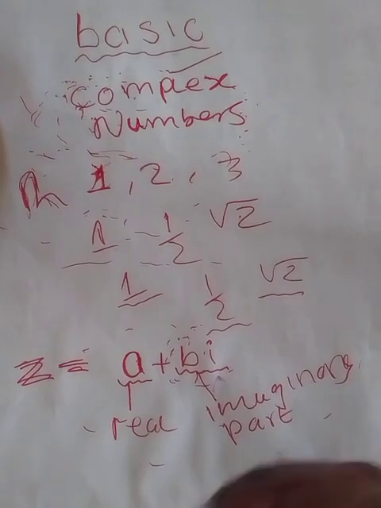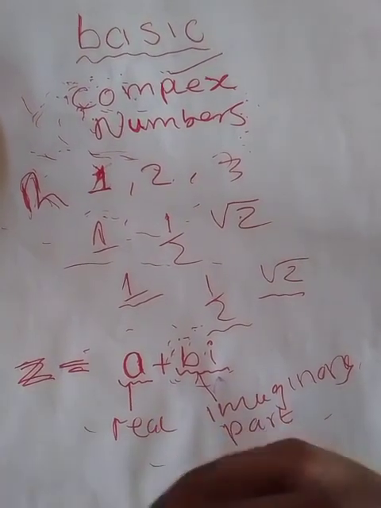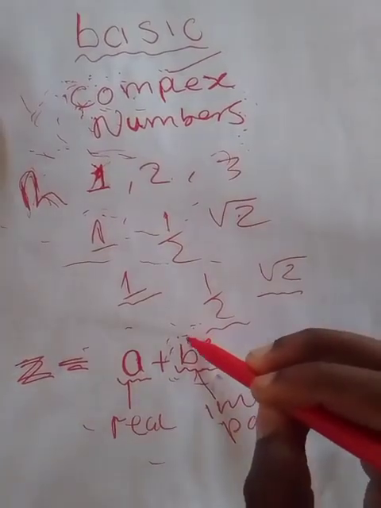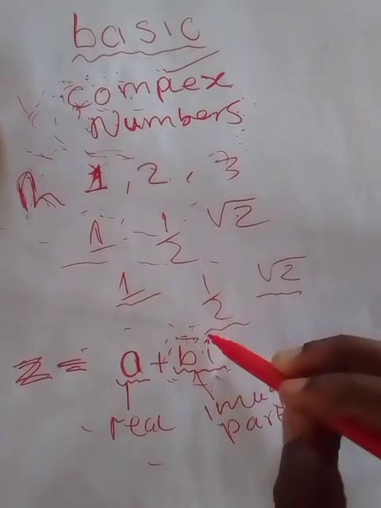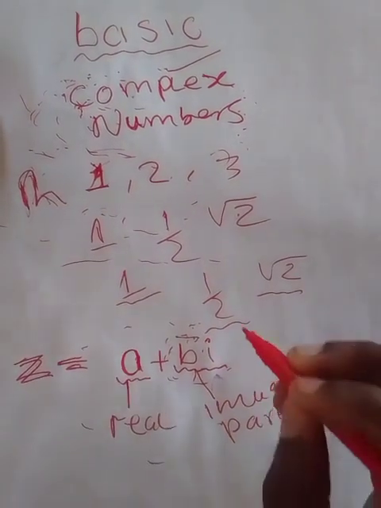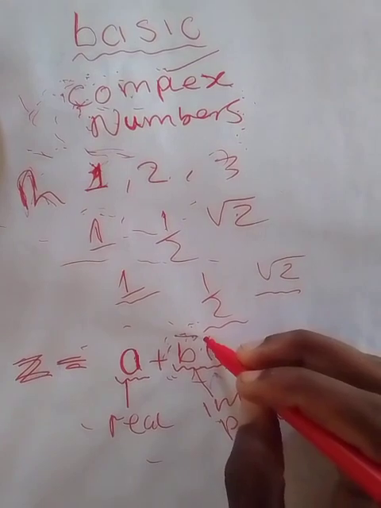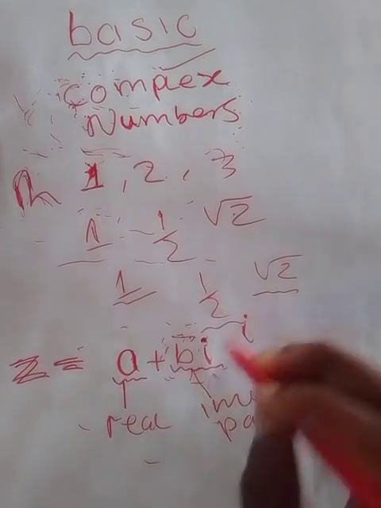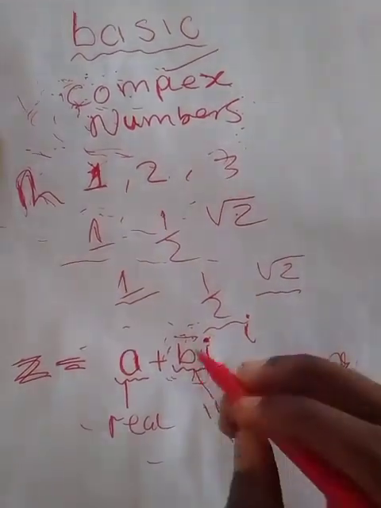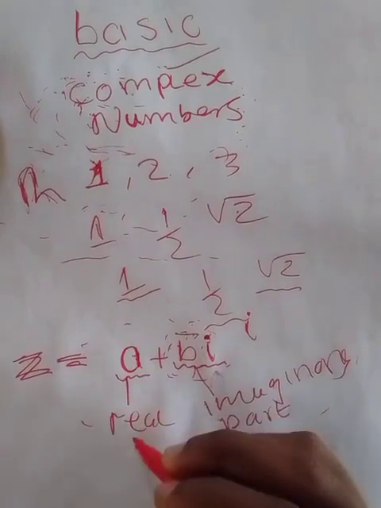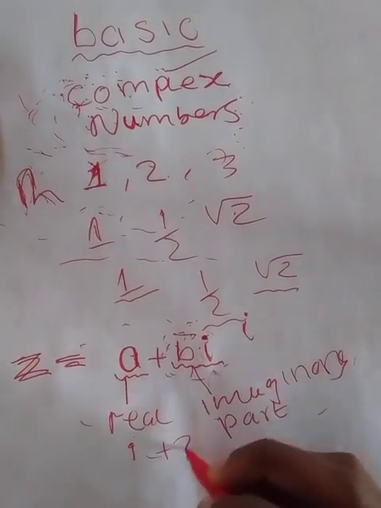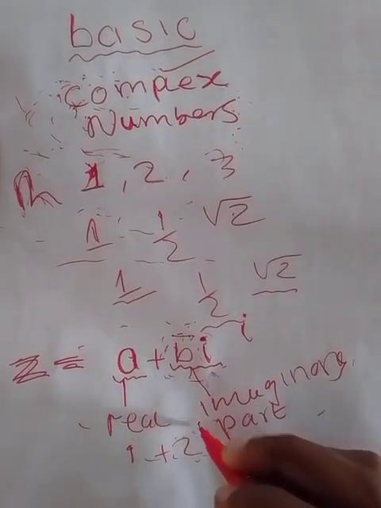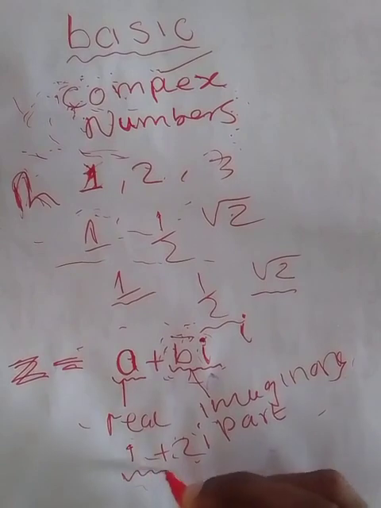The moment you hear that this is a complex number, just know that it has another part, which is an imaginary part, represented with the letter I, a small letter I. It represents imaginary. A and B can be any number. It can be 1 plus 2, but to show that this is an imaginary part, you add the I. By writing like this, you have written a complex number.